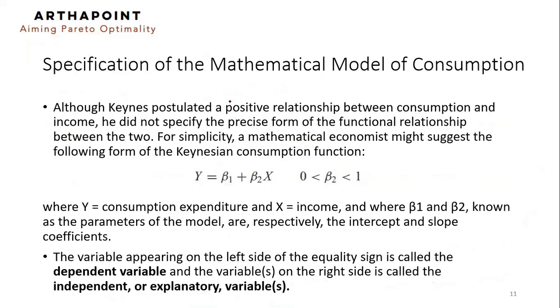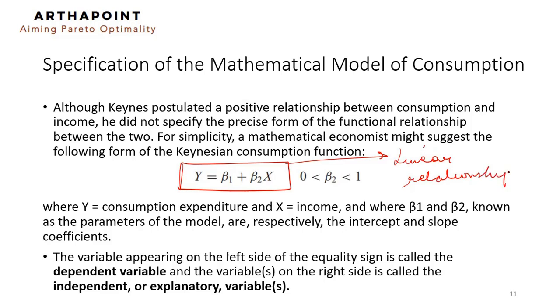So the next thing, as I was suggesting, is specification of the mathematical model of consumption. So now I'm going to take the same example, and I know that consumption and income have some positive relationship. For the simplest function that I want to talk about, I'm going to take a linear relationship.